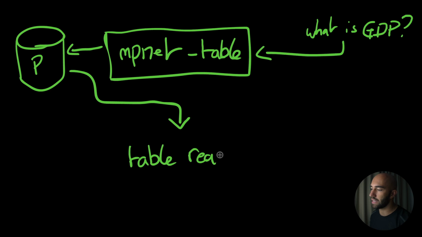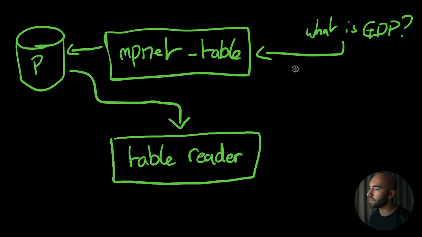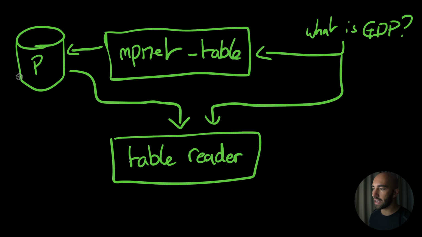It's going to be a table reader. Now, this table reader model is also going to read our question from up here. So it's going to see both of those: what we've returned from Pinecone over here, and also our question. And for the table reader, we're going to be using a model called TAPAS.